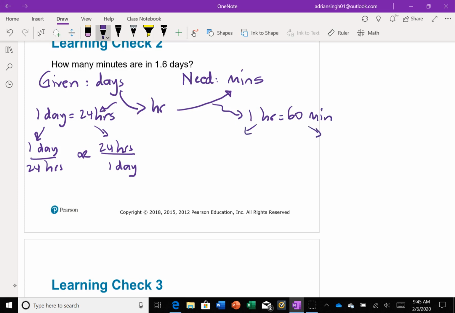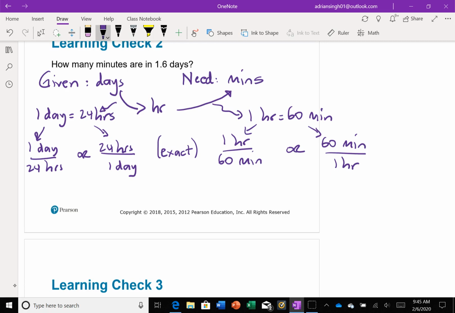Right, and we have our 2 conversion factors here as well. 1 hour over 60 minutes. Or we just flip it, 60 minutes for every hour. Right, so keep in mind that both of these equalities and their respective conversion factors, these are all exact. Okay, so they're not going to limit how many Sig Figs we have in our answer.